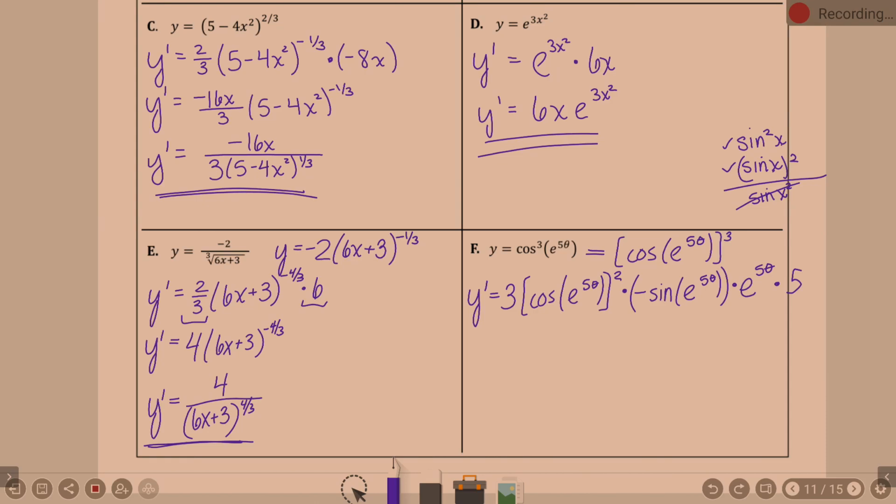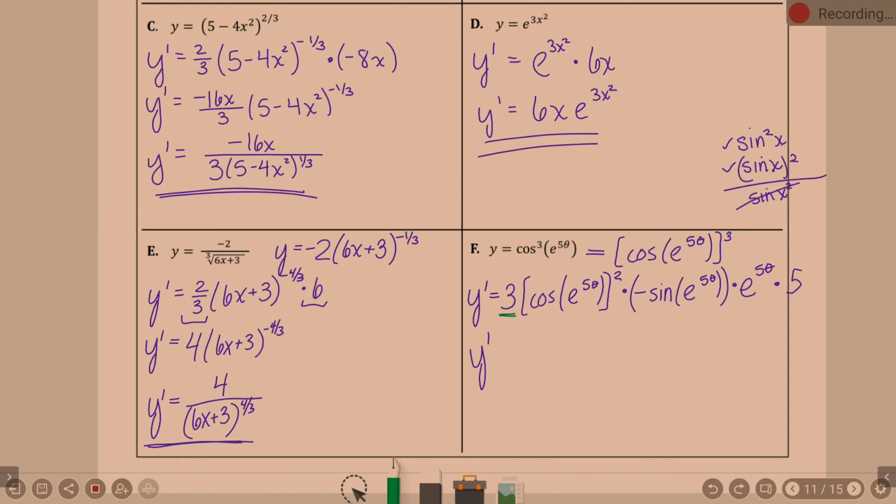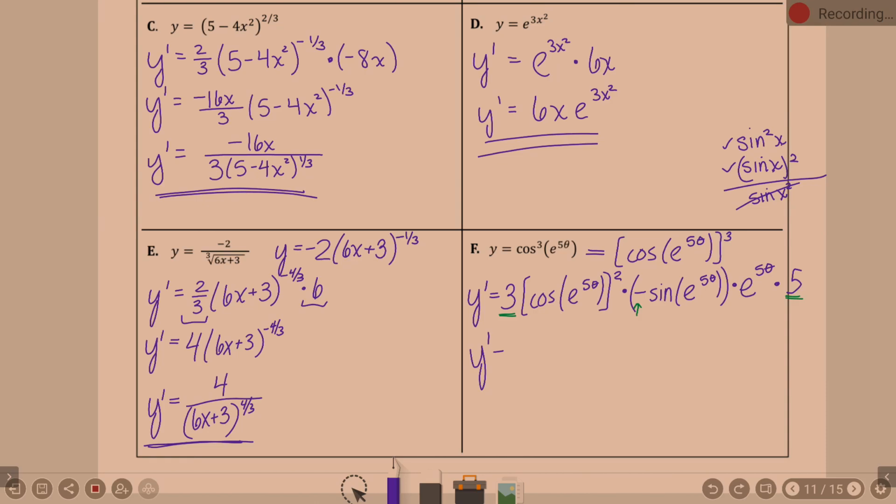Now, basic cleanup. There's only so much we can do here. What I do see is a 3 that can go out front, times a 5 that can go out front, times a negative that can go out front. So I'm going to write mine: 3 times 5 times a negative is negative 15.